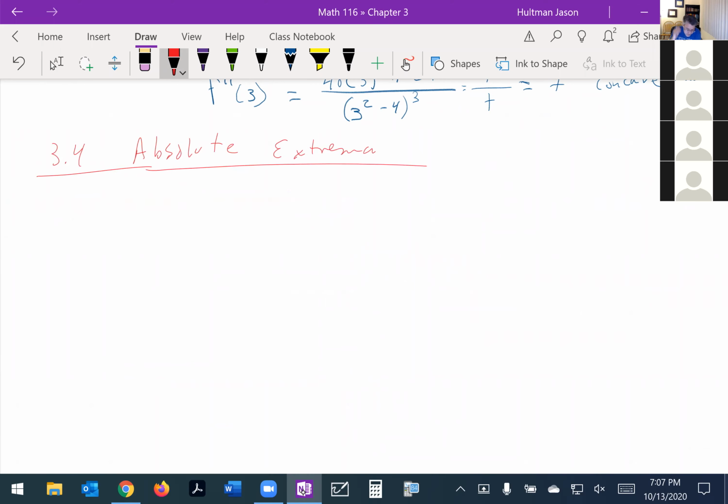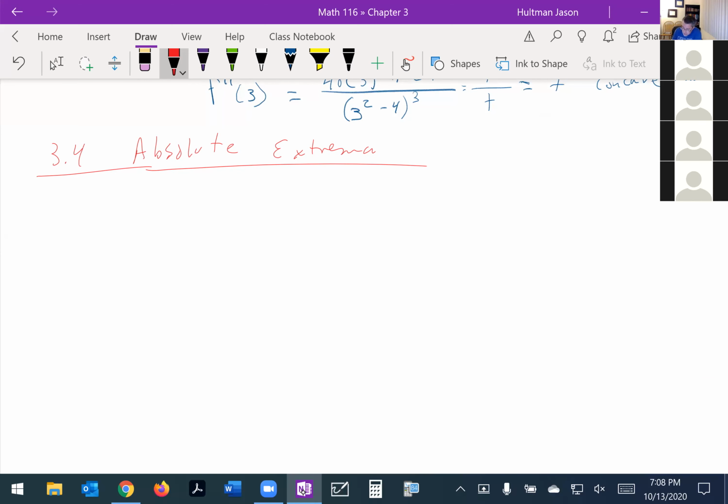It's actually pretty easy. If we know how to get a relative extrema, we know how to get an absolute extrema. Because all we have to do when we're dealing with absolute extrema is check the endpoints. That's it. That's the only difference.